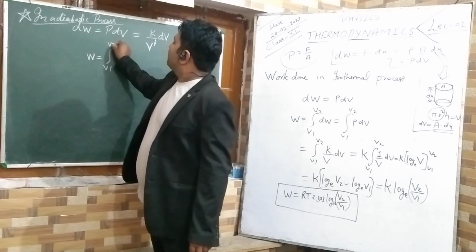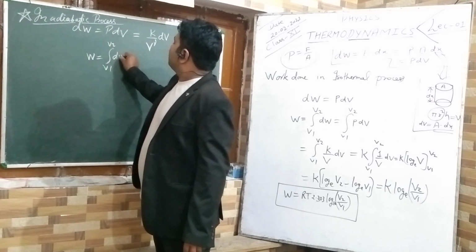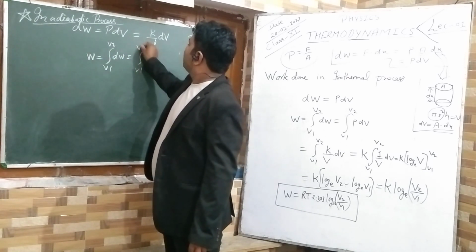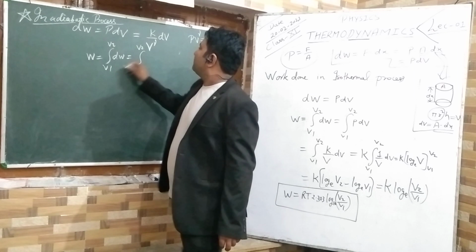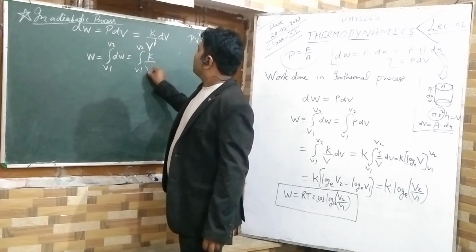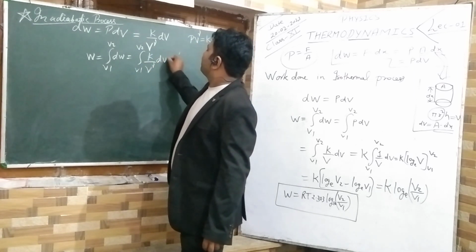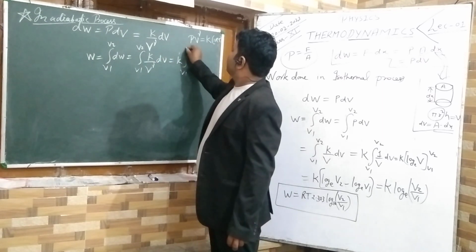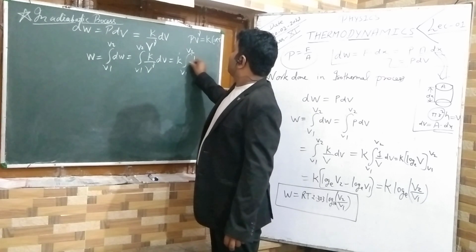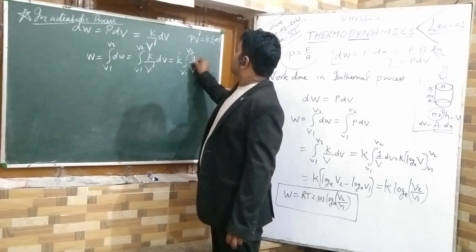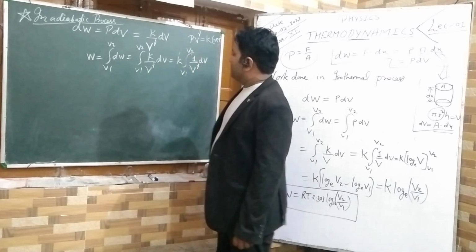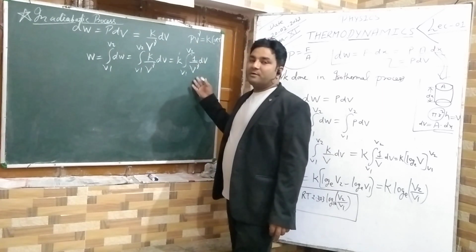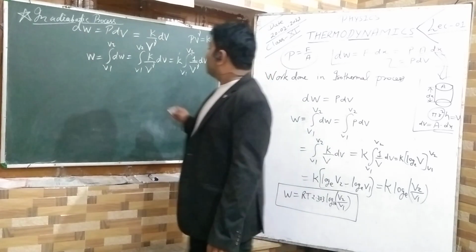So total work done: W equals integration from V1 to V2 of K upon V power gamma dV, and K is a constant term, so taken out, integration V1 to V2, 1 upon V power gamma dV. Then this 1 upon V power gamma, when transferred from denominator to numerator, will be V power minus gamma.